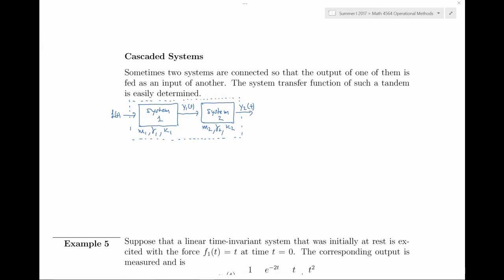In this case, we have two differential equations describing the system. And let's say that the system initially was at rest.